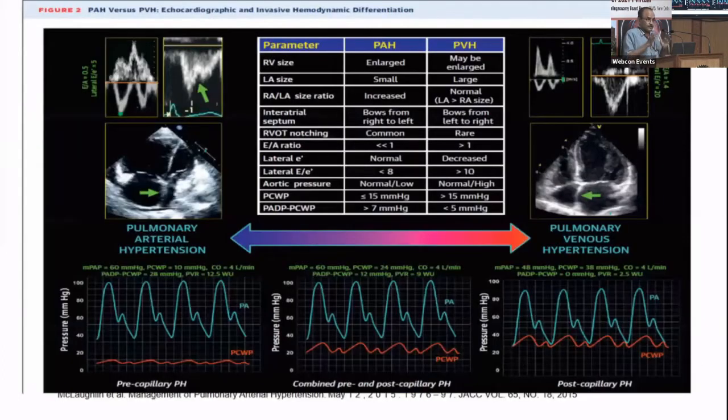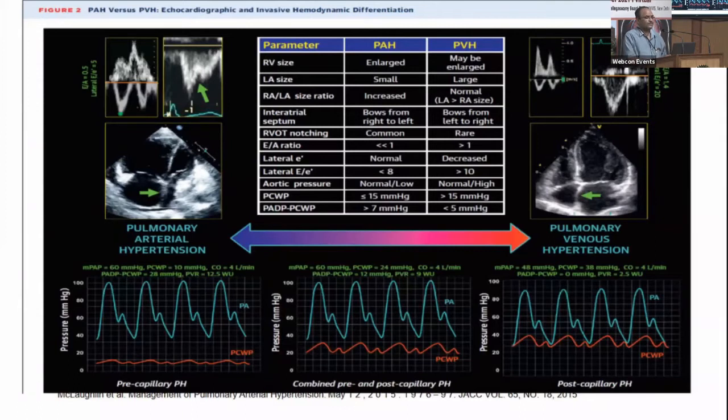So this is the most important step, they say. One of the first steps in management of pulmonary hypertension is to be able to distinguish between pulmonary arterial hypertension and pulmonary venous hypertension.